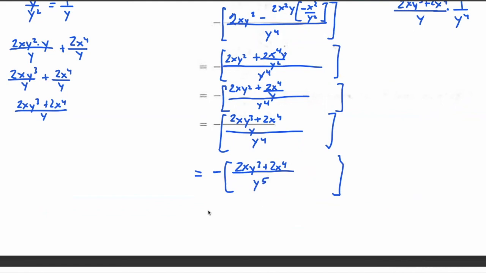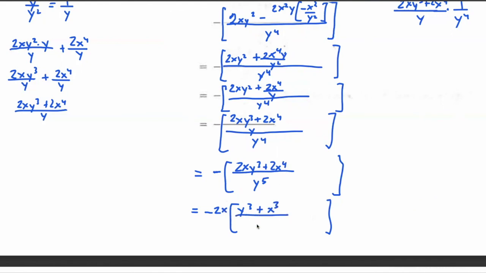All right, we can even simplify this more because we have a common factor of 2 and a common factor of x. So if we bring that all the way out, we can say this is minus. Actually, we can even put it outside here with the negative. So 2x, and then this is going to be multiplied by y cubed plus, remember that if you take one x away, it's going to be x cubed.